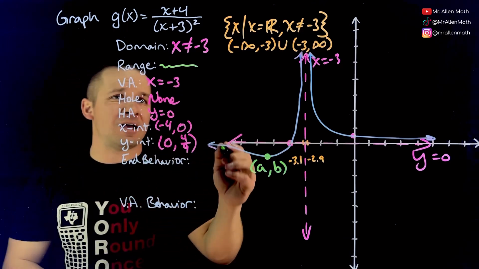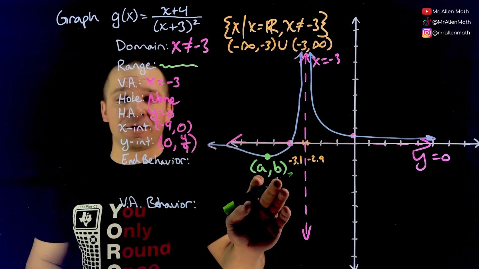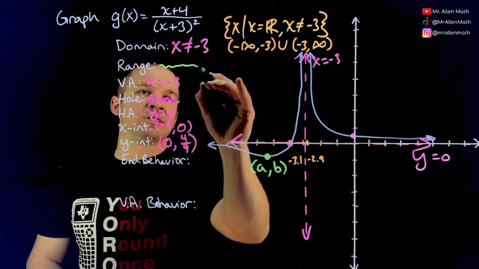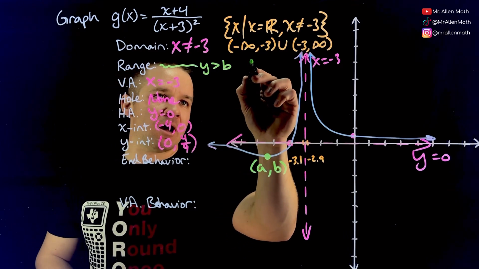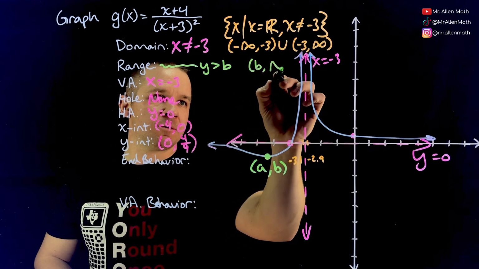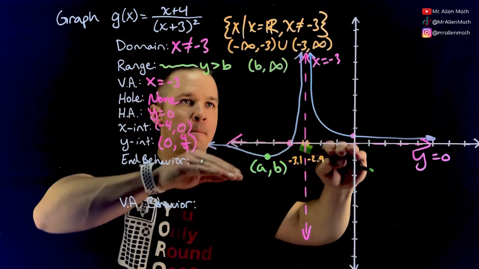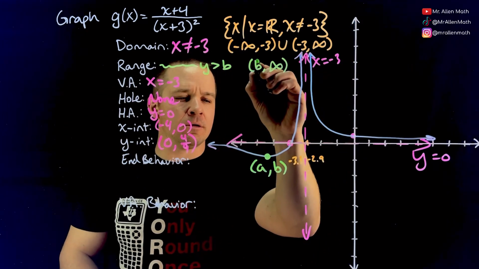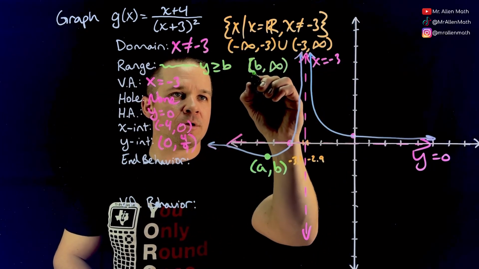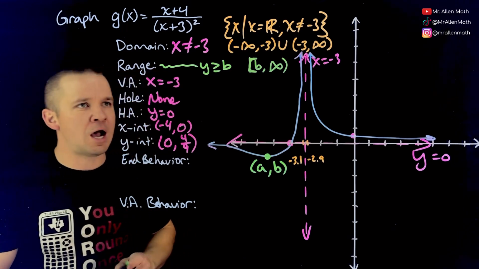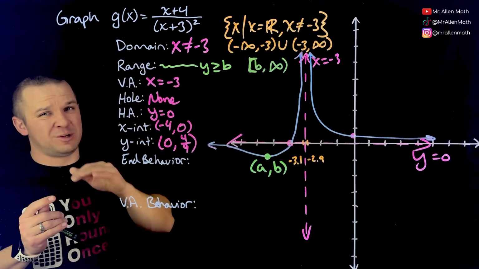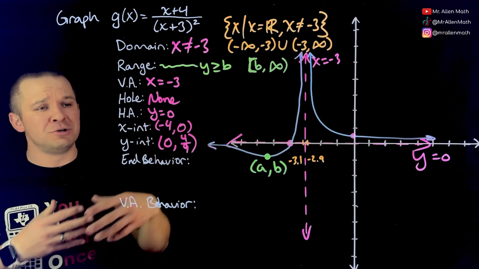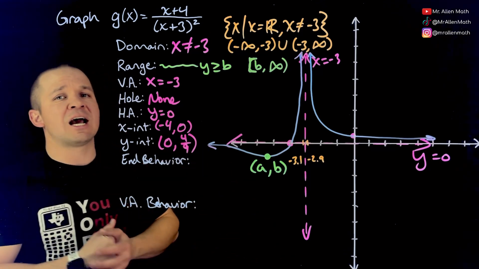But if this were the case, then I know it's always going to be bigger than B. So we could say y is greater than or equal to B, or from B to positive infinity, that's going to be my range. Everything above this, including it. So we just wouldn't have range on here due to the necessity of having a calculator.